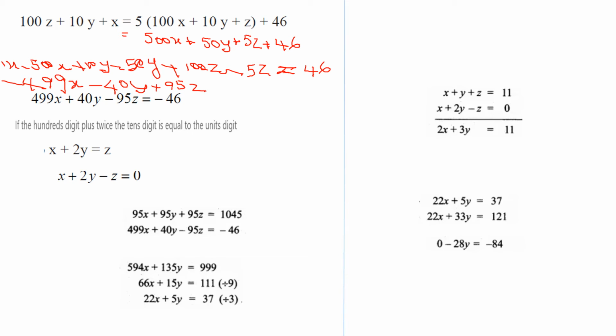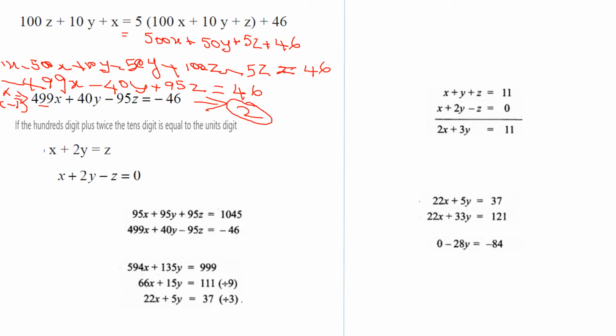Throughout the equation we multiply by minus 1. We get plus 499x, plus 40y, minus 95z, minus 46. That is our second equation.